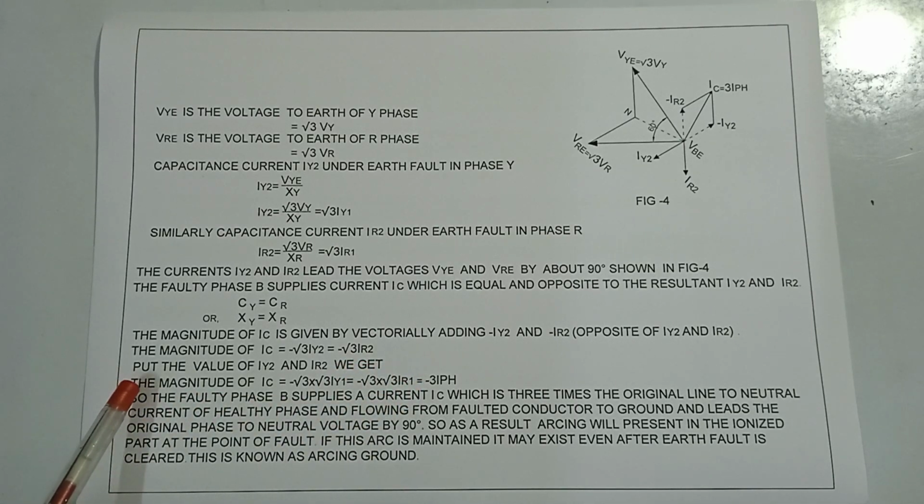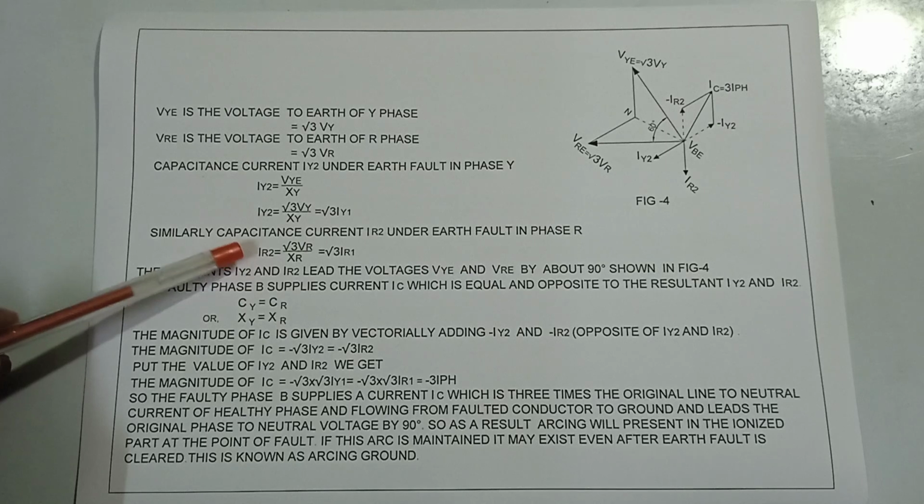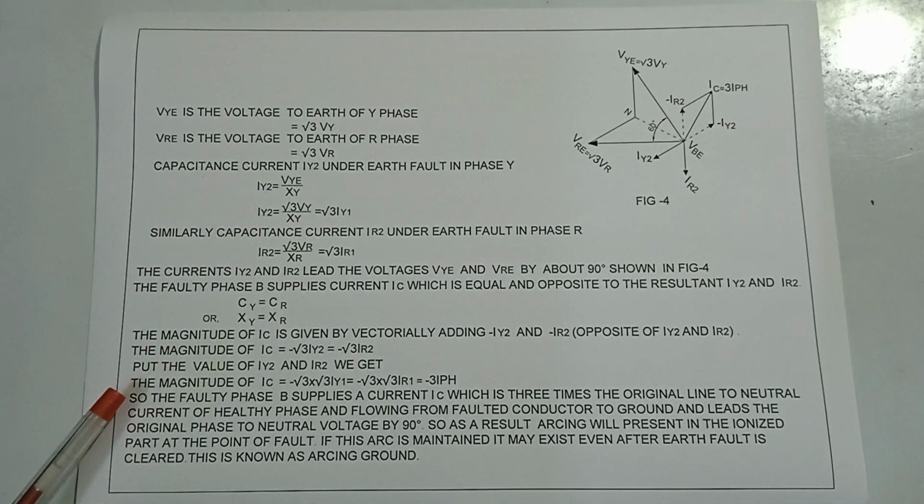Putting in the values of Iy2 and IR2, we get the magnitude of IC equal to root 3 into root 3 Iy1, which is equal to root 3 into root 3 IR1, which is equal to 3 I phase, since root 3 into root 3 is 3.